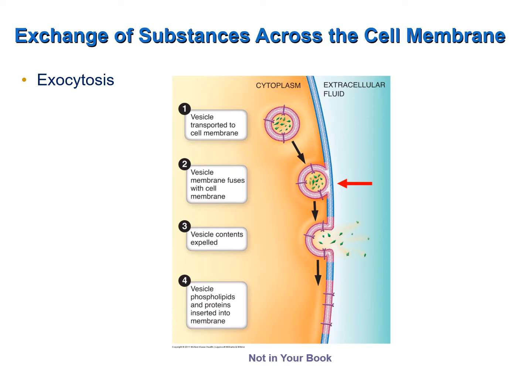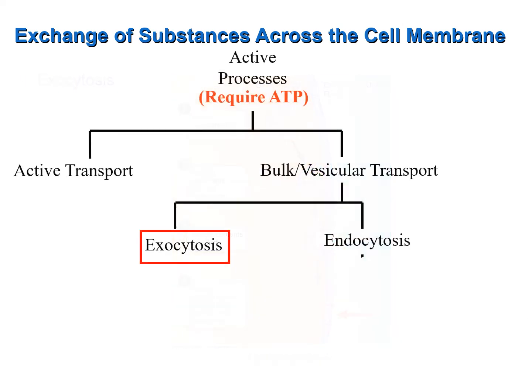And as it does so, it expels its contents out into the extracellular fluid. Notice that as the vesicle merges with the plasma membrane, its phospholipids and proteins are incorporated into the plasma membrane.